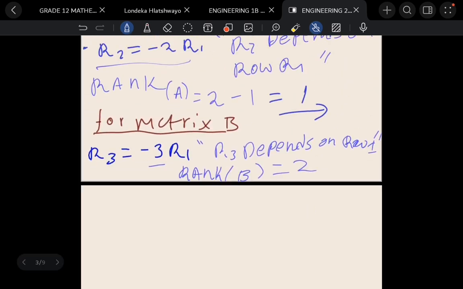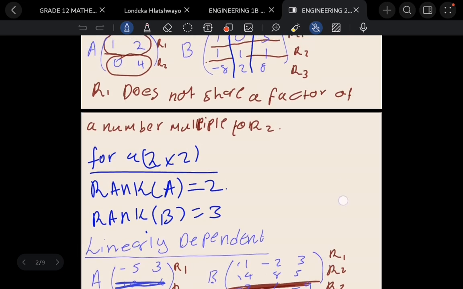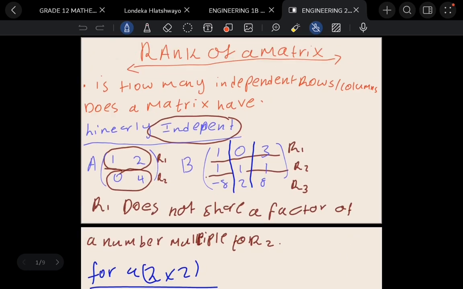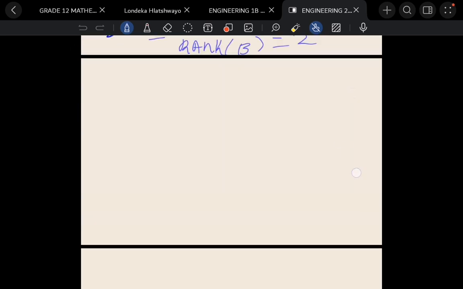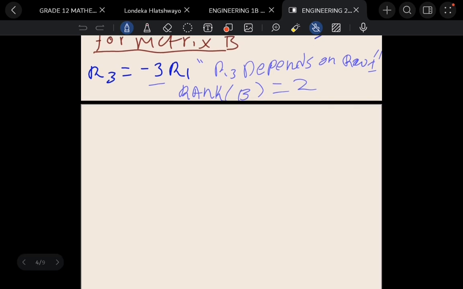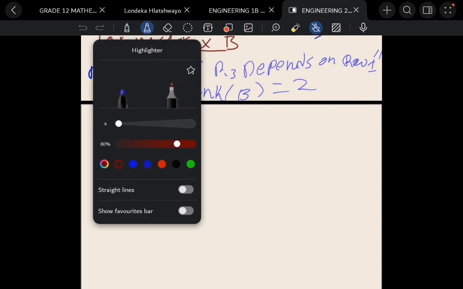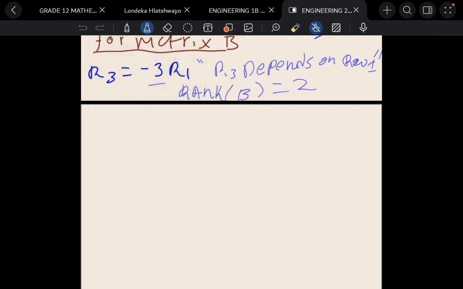Right. Now, in an exam, you will not see this thing of row linear independence. But we are going to look at another method that we are going to use. It's called the determinant method.